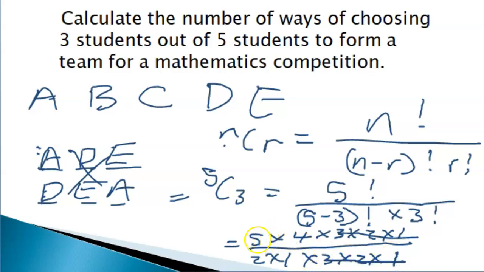In the numerator, we have 5 times 4, which is 20. In the denominator, we have 2 times 1, which is 2. So we have 20 divided by 2. So there are 10 ways of selecting 3 students from a group of 5 students to form a team.